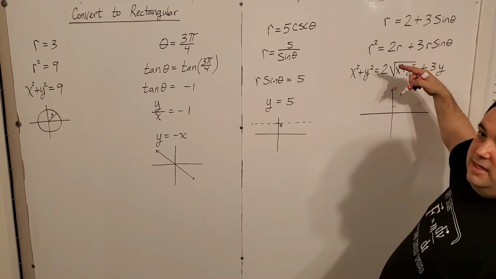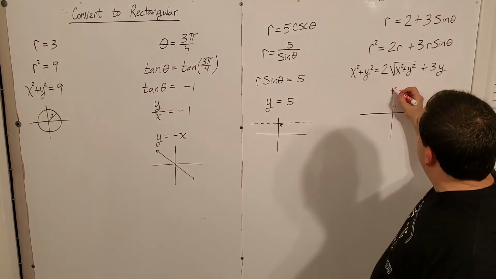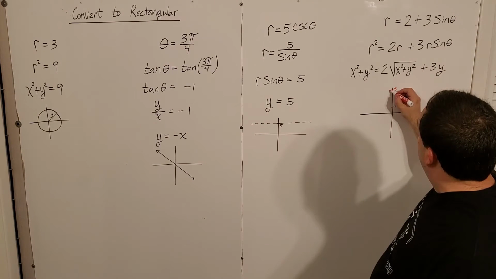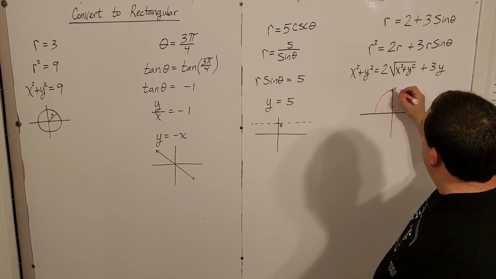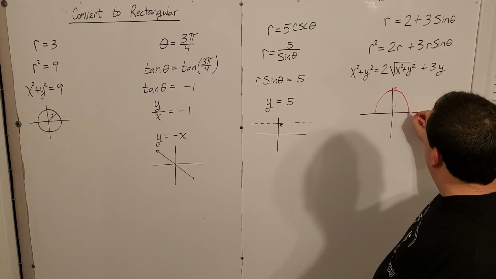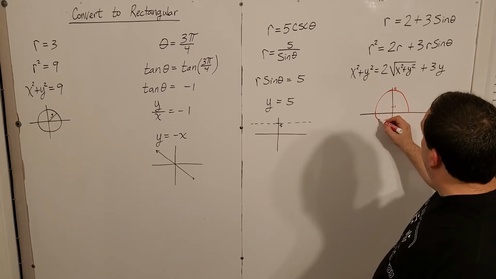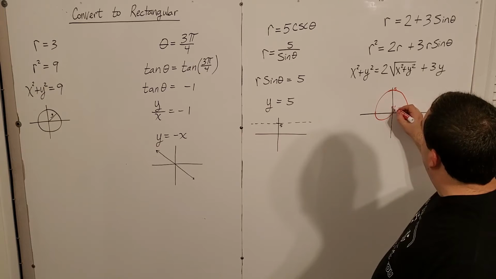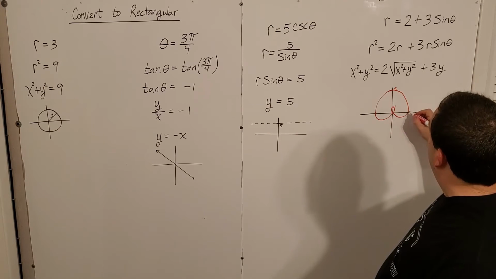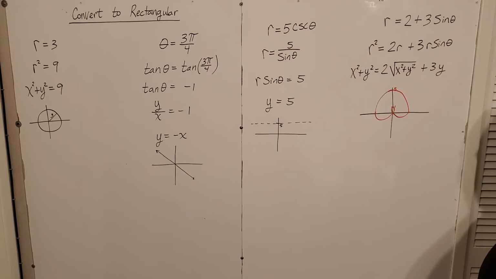I know I said -1, just watch. The shape that you're going to get is going to go like this, and then it's going to come around and make an inner loop like this. Like that.